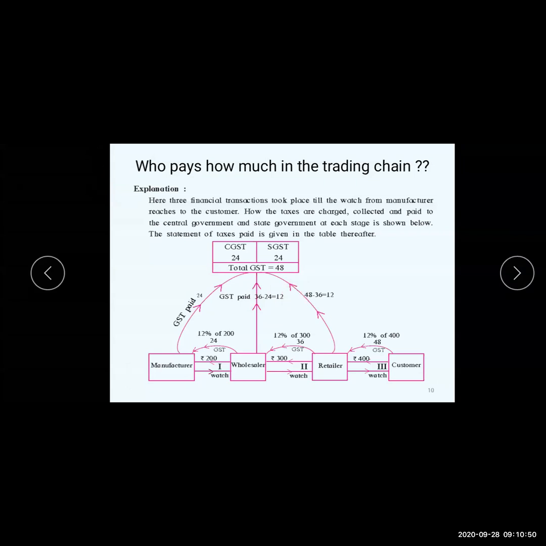And as the retailer has already paid 36 rupees, he will subtract that amount from 48 rupees and pay rupees 12 to the government. In this way the total will be rupees 48. The government will receive rupees 48 GST, but it will be bifurcated as 24 rupees CGST and 24 rupees SGST. So this is the bifurcation, how the trading chain goes on.